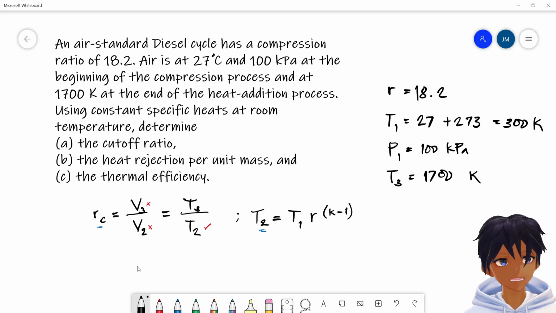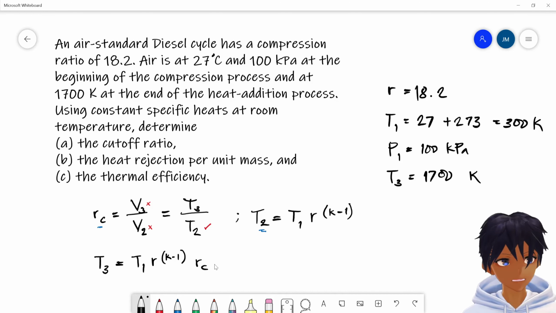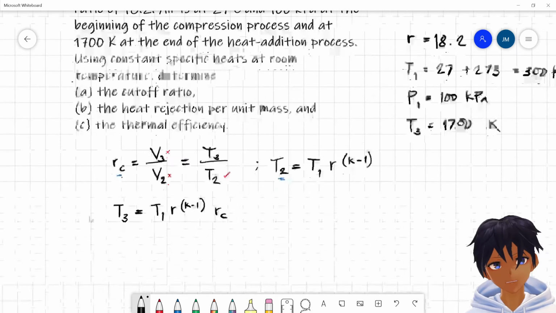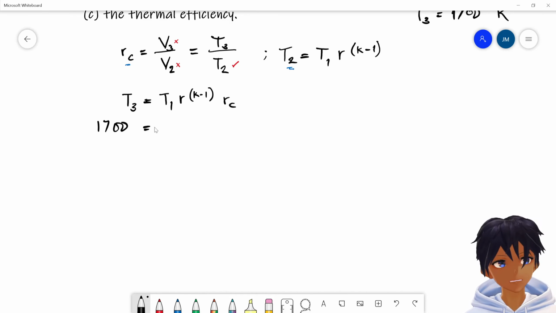Or we can use right away this relationship wherein temperature 3 is temperature 1 multiplied by R to the K minus 1 multiplied by R sub C. And from here, temperature 3 is given as 1700.